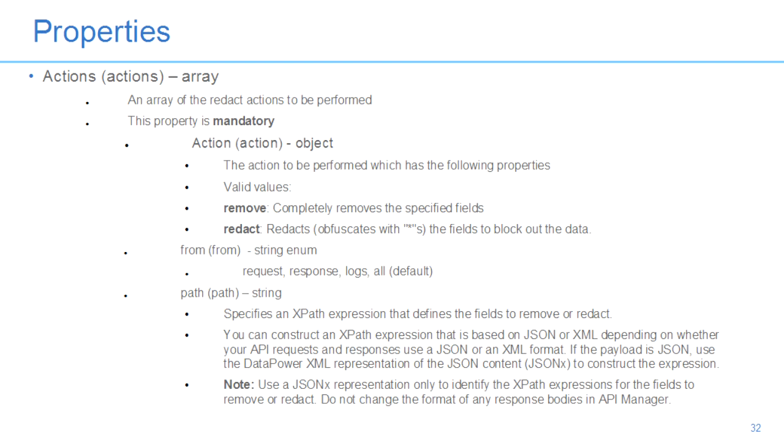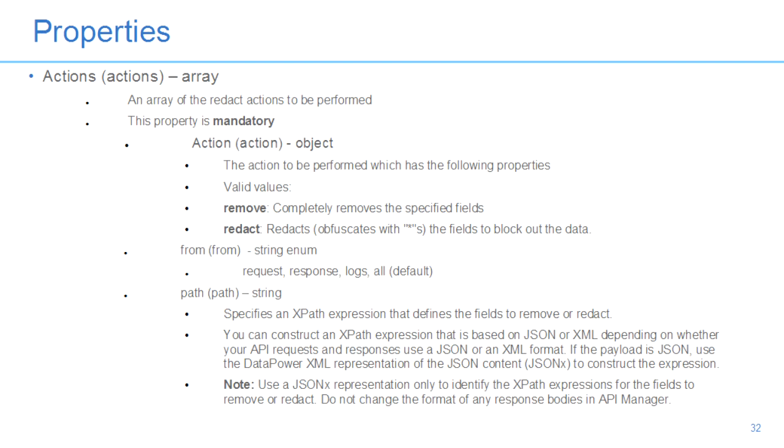And then you have the path, which is the XPath expression that is going to be used to map into the request or the response data or the logs to find the elements of data that you need to either remove or obfuscate. Now, the XPath expressions will be different based on whether your content is XML or JSON, because DataPower uses JSONx to define or store some JSON data.